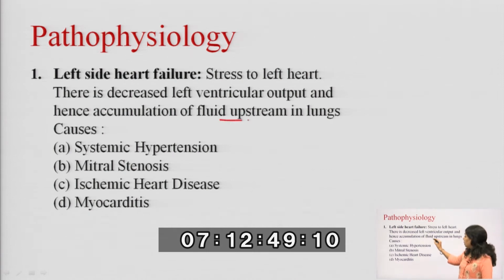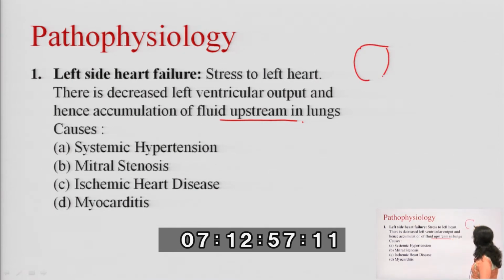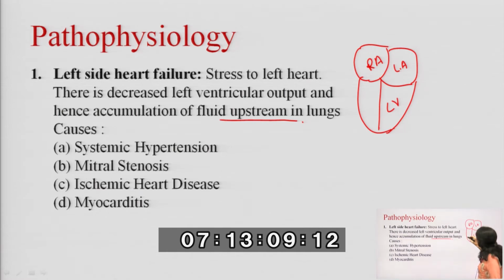In order to explain this, I have to draw the diagram of the heart. Suppose I am drawing a rough diagram of the heart here. This is the heart. This is the left auricle, left ventricle, right auricle is here, then right ventricle is here. Okay.